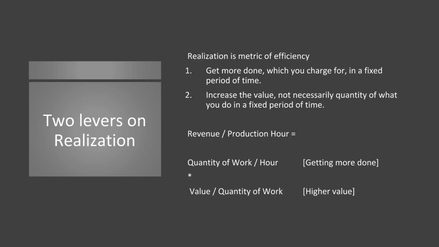So it's not just how many items of work you get done, but it's the value per item of work you do that determines your realization, which ultimately is a determining factor, along with utilization, of your revenue per FTE.